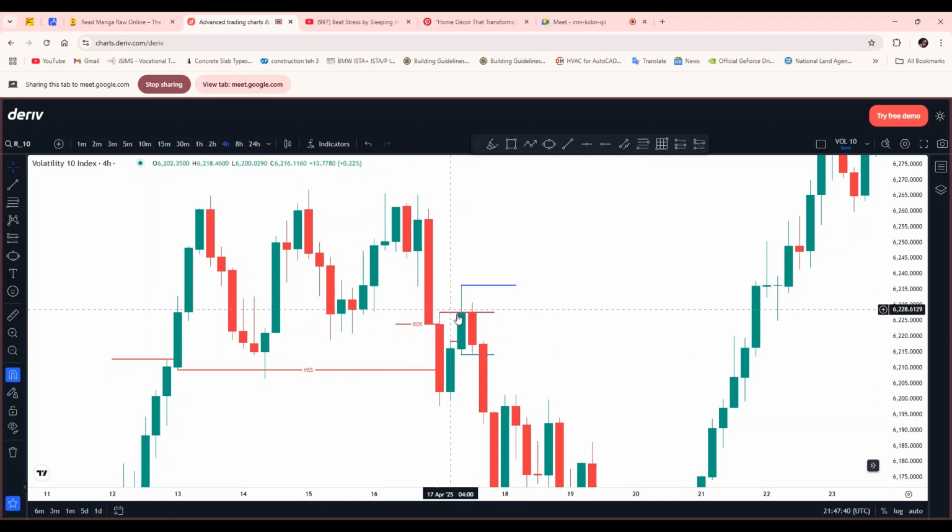Let me delete some of these lines as to not cause confusion. This too. Now let's go down to the 2-hour time frame and see what is happening. Because this is the specific point we would be expecting a break. And this would also mean that if we're expecting a break here, this should also be the specific point we should be expecting a reversal.